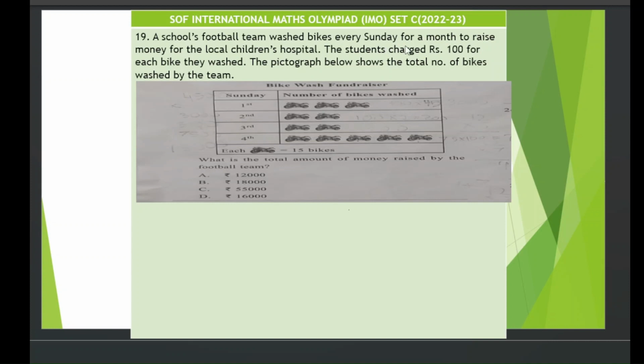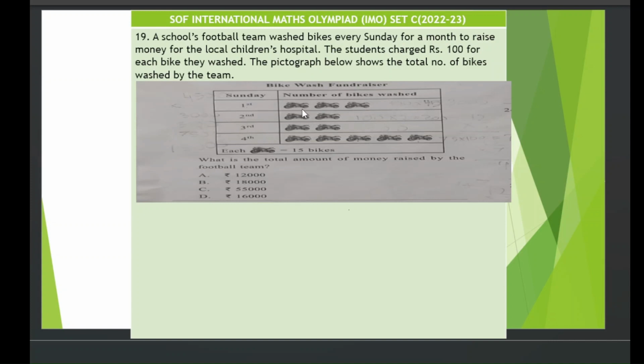Every Sunday for a month, to raise money for the local children's hospital, the students charge rupees 100 for each bike they washed. The pictograph given here shows the total number of bikes washed by the team in 1 month. So there are 4 Sundays because there are 4 weeks in a month.